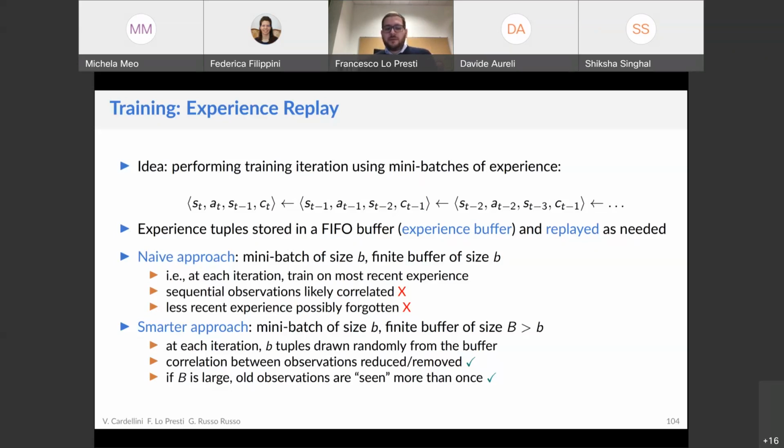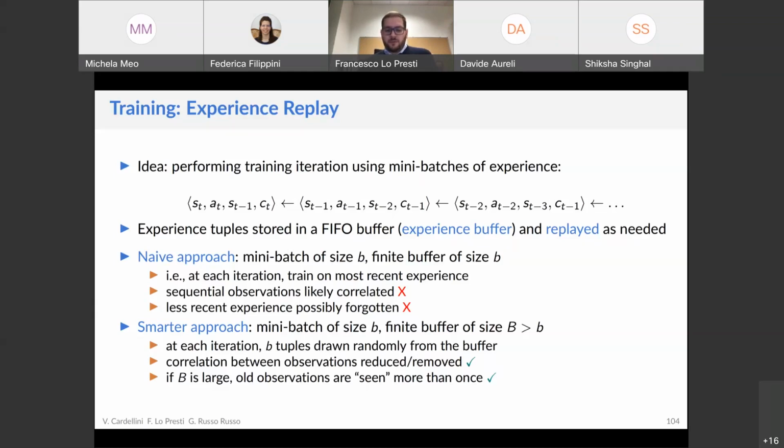First of all, if we use sequential observations for training, these observations are likely correlated, and this can lead to convergence problems. The other problem is that if we always use the most recent experience, the network may forget about what we saw in the past.